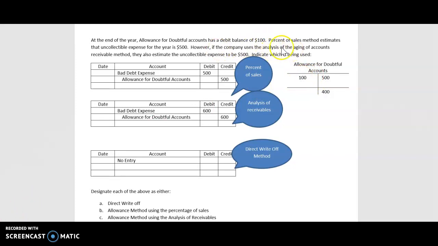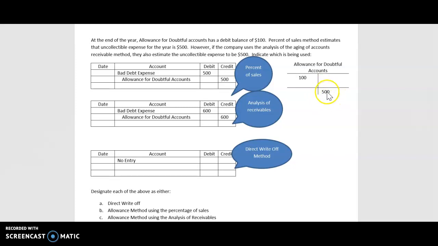If the company uses the analysis of the aging of accounts receivable method, they also estimate the uncollectible expense to be $500. Okay, let's see how we put this one in. Okay, we're using the analysis of receivable method. So our estimate is the number that we want our balance to be for our allowance for doubtful accounts.